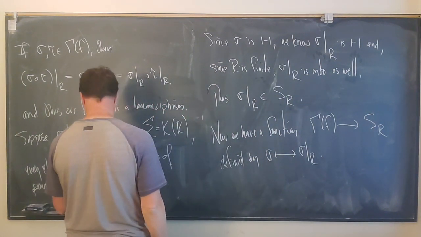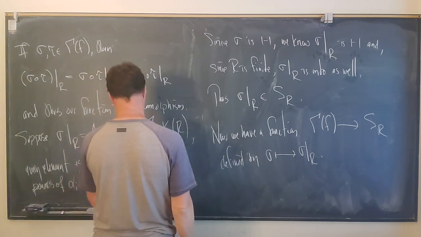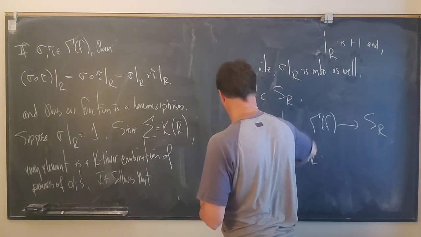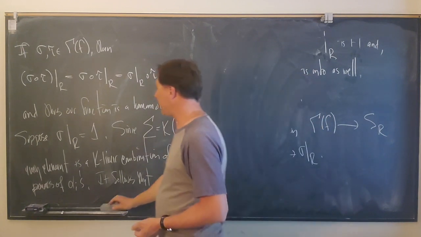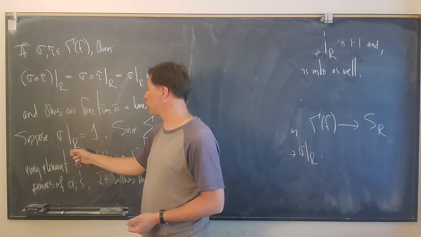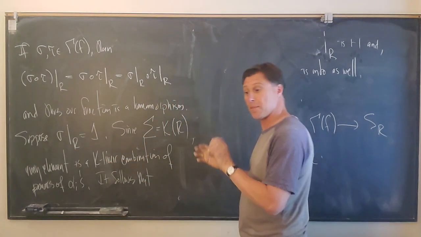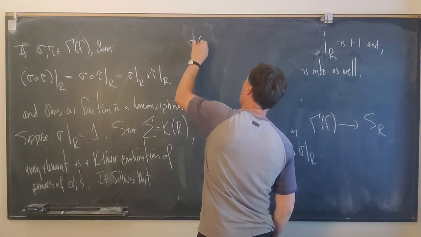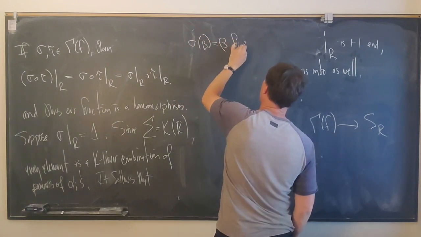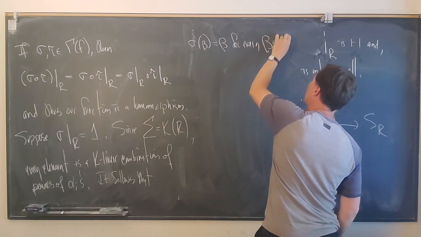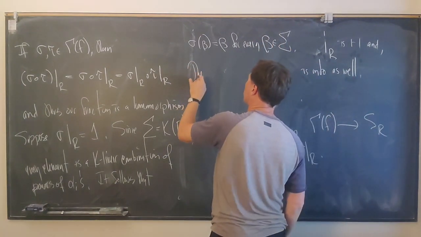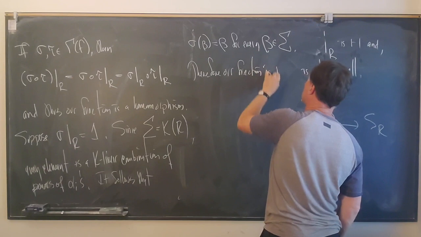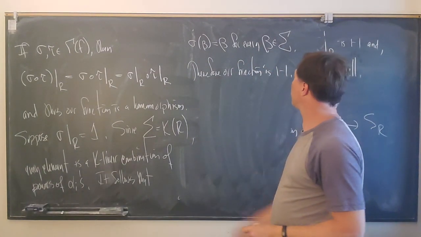So it follows that, this is another example where sigma itself is determined by what it does to the building blocks of the basis. So it follows that sigma of beta equals beta for every beta in the field. Therefore, our function is 1 to 1. What did I just do? I showed that the kernel is trivial.